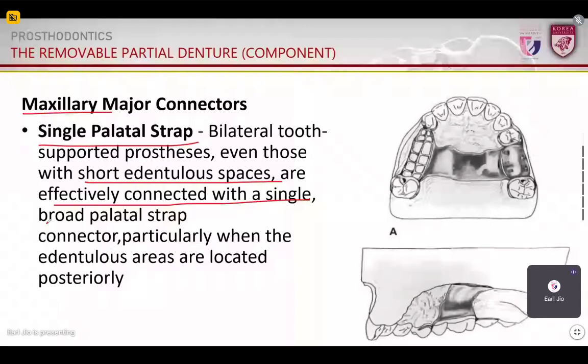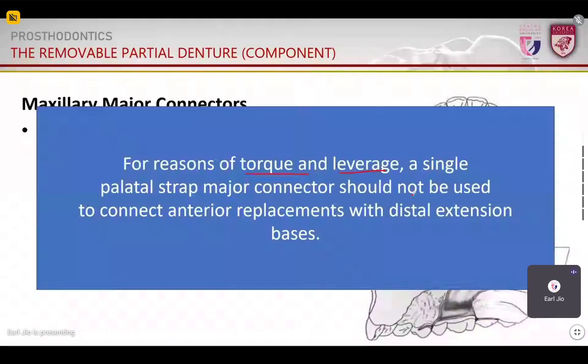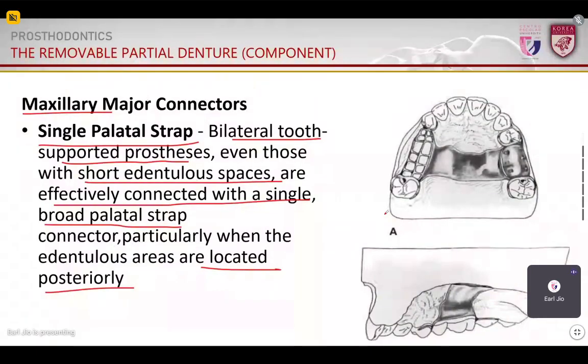But for reasons of torque and leverage, a single palatal strap major connector should not be used to connect anterior replacement with distal extension bases. So it cannot be used in distal free end cases. Let me repeat, a single palatal strap cannot be used in distal free end cases. What are distal free end cases? Kennedy Class 1 or Class 2. So it is okay only for tooth-bounded cases.